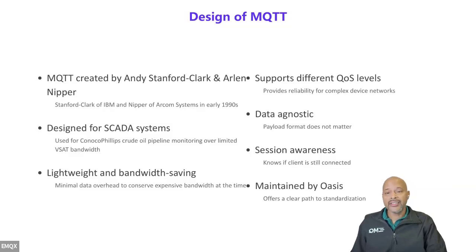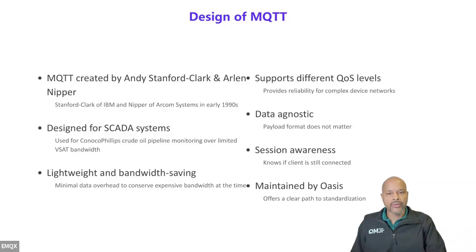And so there were a couple things that are required of MQTT based communication. One is that it's lightweight and bandwidth saving. So using as little data and as little resources and as little bandwidth as possible. And part of the reason for that is, as you can imagine, in 1999 or early 2000, there was not great internet and cell coverage.